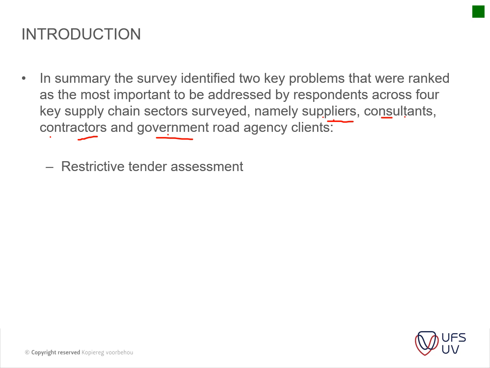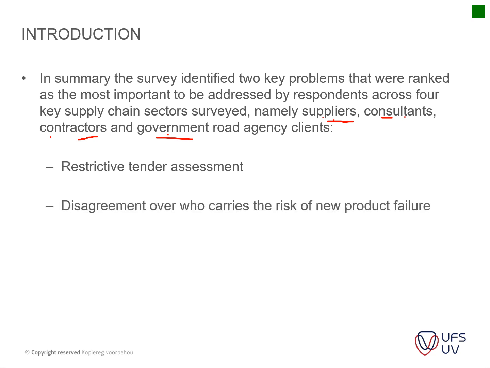The results: a restrictive tender assessment and disagreement over who carries the risk. These 2 items were identified as contributing the most, the key problem areas in innovation in road construction in Australia.